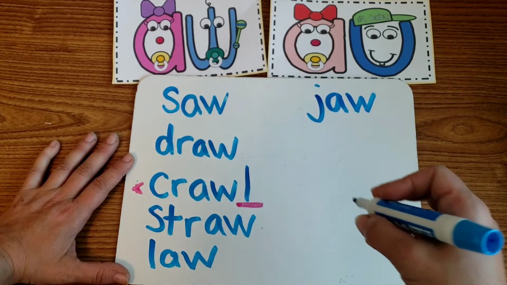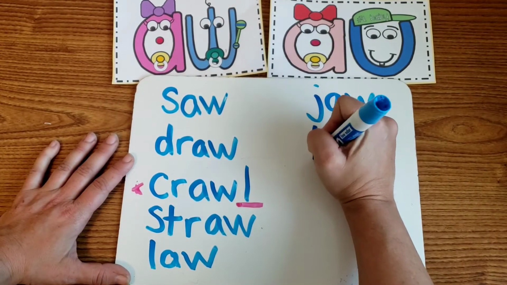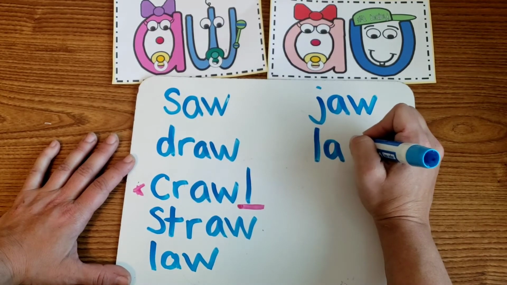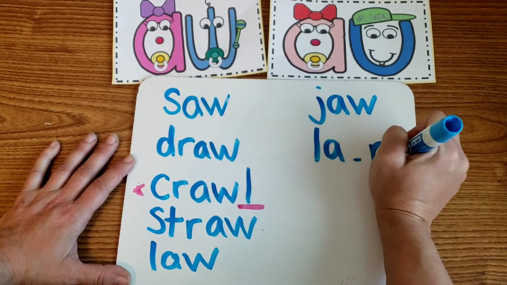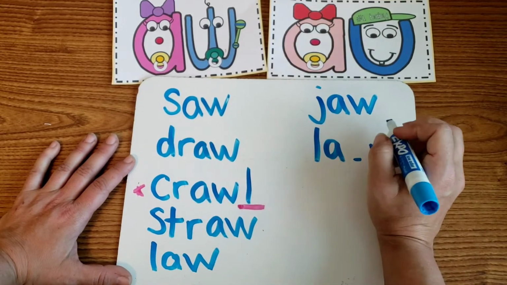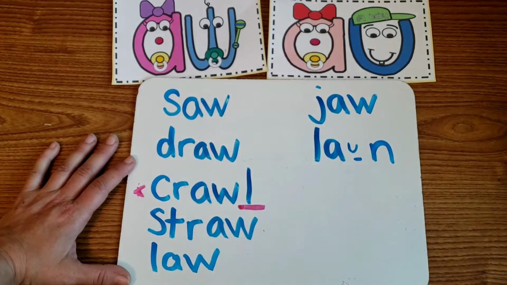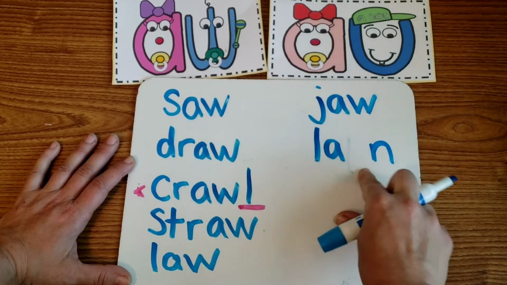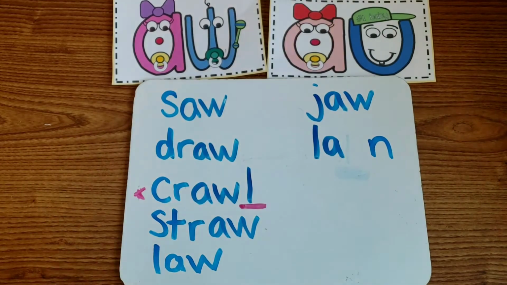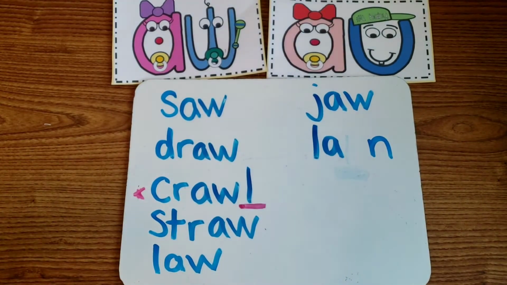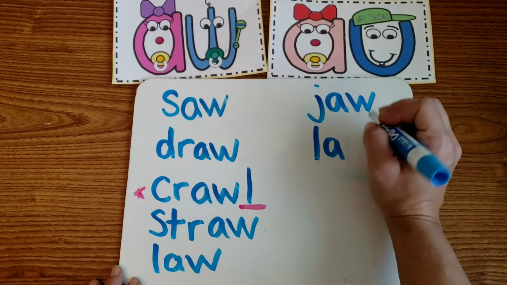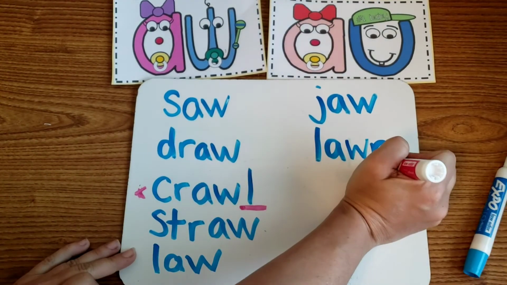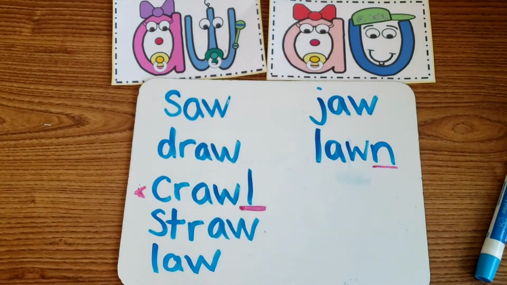Next I have lawn, lawn. Wait a second. I'm going to leave that blank. Lawn. Would I do that, because it's in the middle? Nope. Remember, our rule says those are the rules except if it ends in an N or an L. So we have one that ends in an L and one that ends in an N to show you, for example, right?